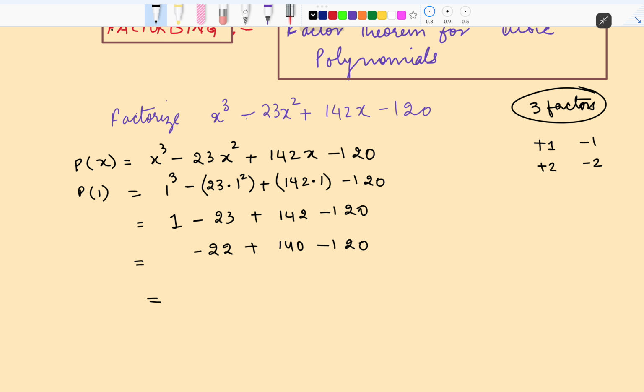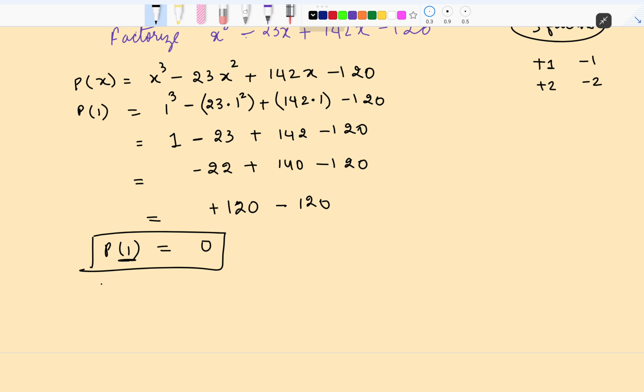Minus 22 plus 142 is positive 120, minus 120, which is equal to 0. तो मुझे मेरा पहला zero मिल गया. First zero is 1. If P of 1 is equal to 0, then apply the factor theorem and tell me what will be the factor. x minus 1 will be a factor of P of x, correct?